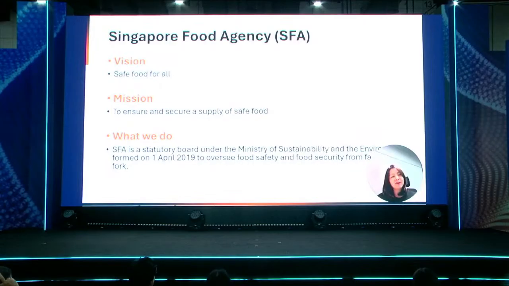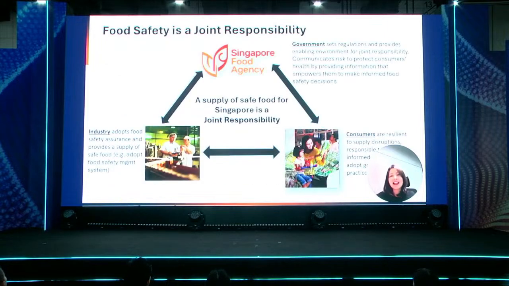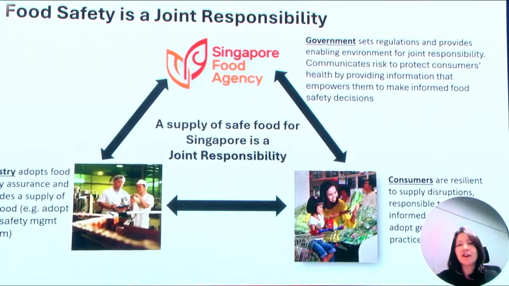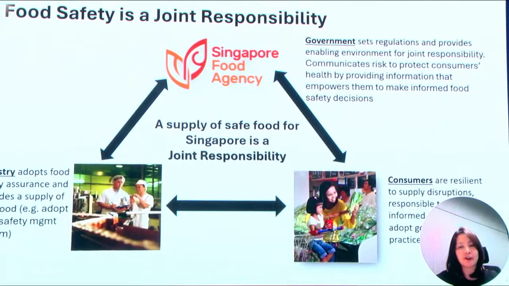The vision of SFA is safe food for all, and our mission is to ensure and secure a supply of safe food. SFA adopts the principle that ensuring food safety for our population is a joint responsibility between the government, industry, and consumers. While the government can put in place a comprehensive food safety system, the industry and consumers must also play their part.